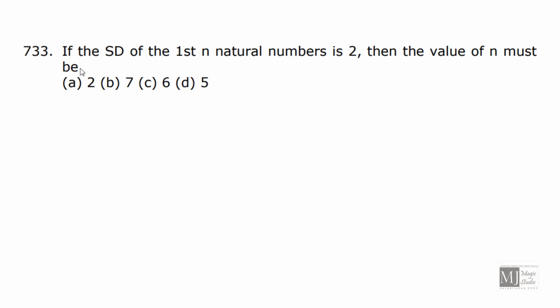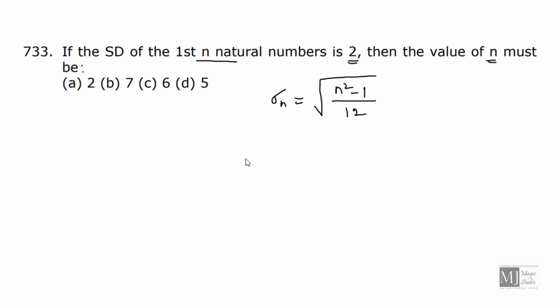If the standard deviation of the first n natural numbers is 2, then the value of n must be. Now there is something which we should know. Standard deviation of the first n natural numbers is given by root over n square minus 1 by 12. We can use the previously given formula in the earlier question and we can deduce this formula directly.